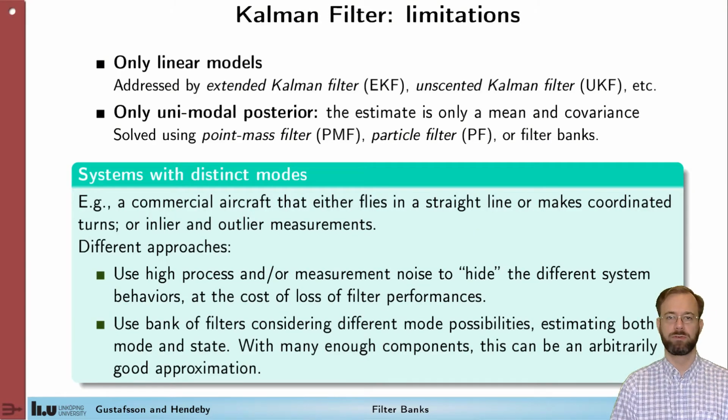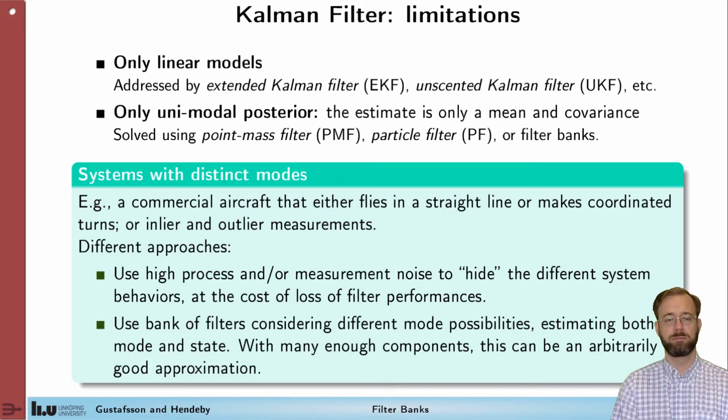The Kalman filter has several beneficial properties. For example, it is the analytic solution for the Bayesian recursion, it is optimal in several senses, and so on. However, it also has limitations. One is that it only applies to linear models, which we have already addressed using the extended Kalman filter and the unscented Kalman filter.